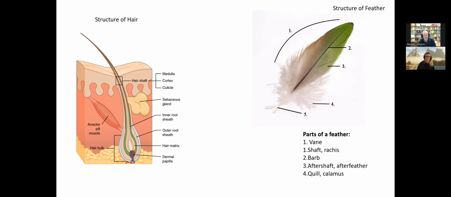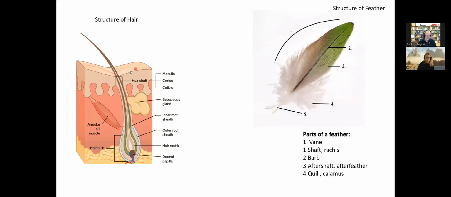And that's shown in this diagram here. I hope you can see my cursor. Here I'm going to point to, actually I can do this. And there. The structure of hair shown right here.